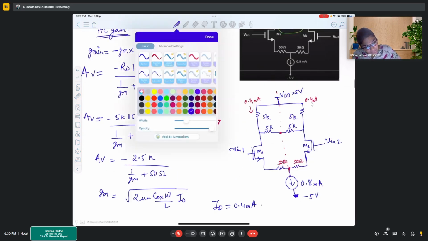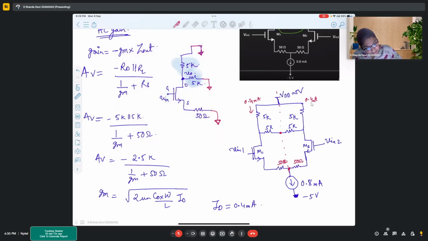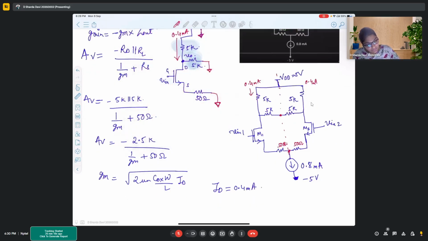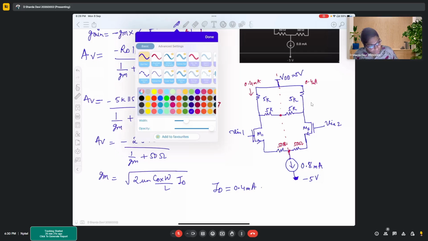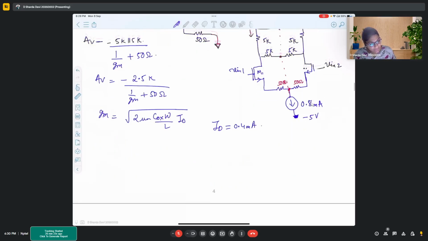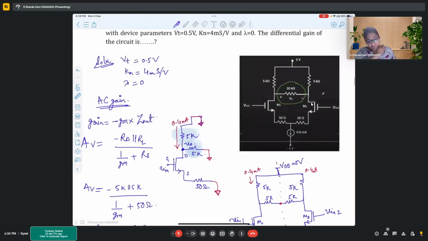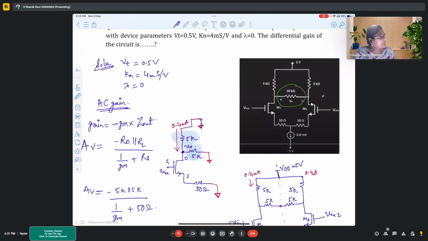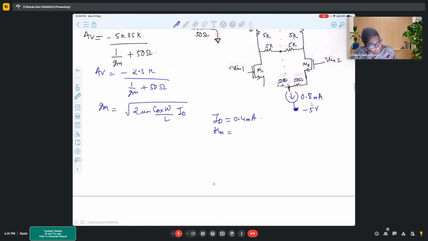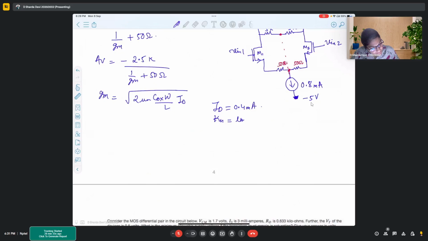Here the ID that is flowing is 0.4 milliamperes. Kn is given which was 4 millisiemens per volt, which is mu n Cox W by L, that is 4 millisiemens per volt.